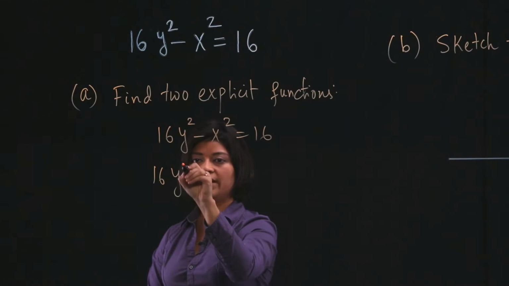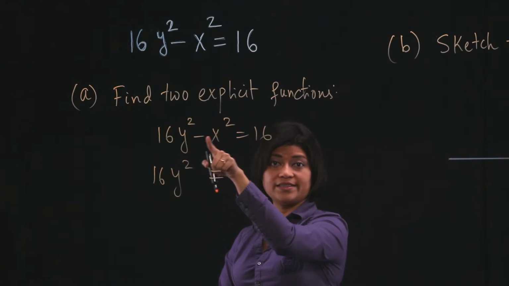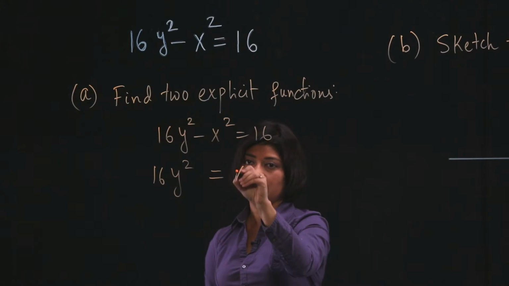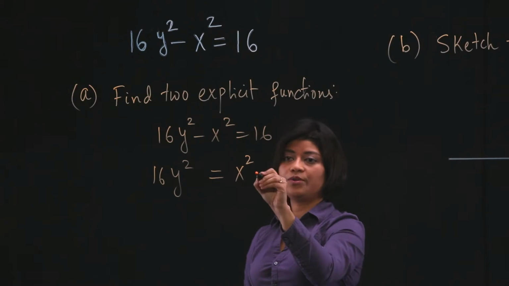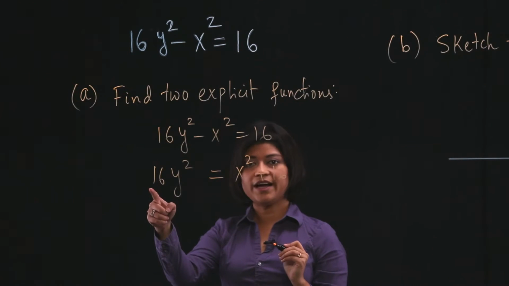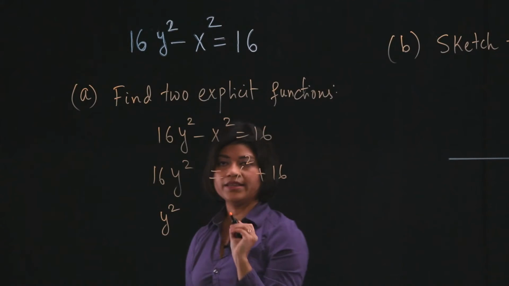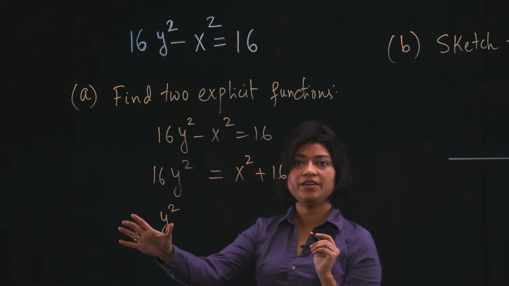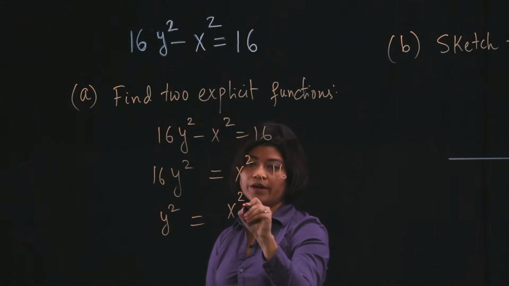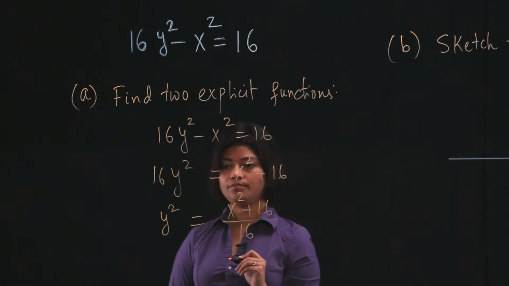So we'll have 16y² equals, see the x² is negative on the left side, so when you take it to the right, it will become positive x², and we already have a positive 16. Now let's divide both sides by 16, and then we will have y² free of any constant. So y² is equal to (x² + 16)/16.